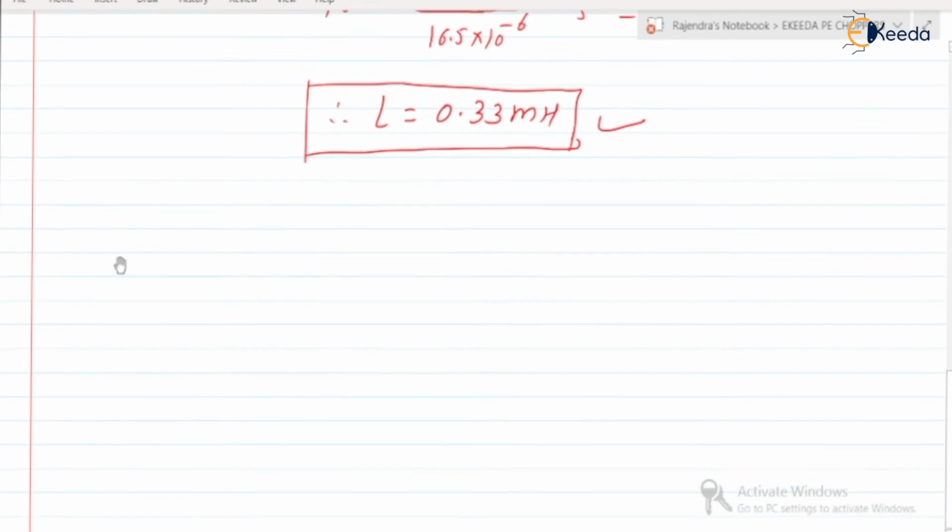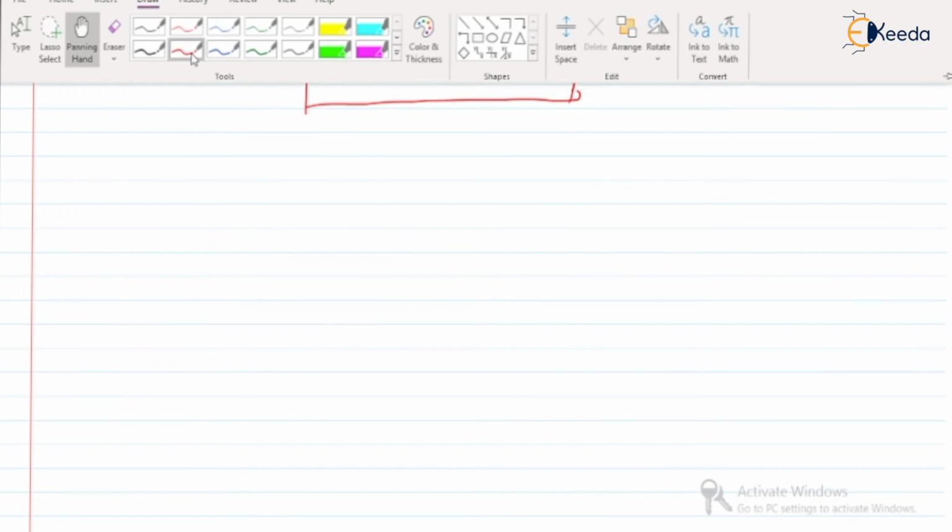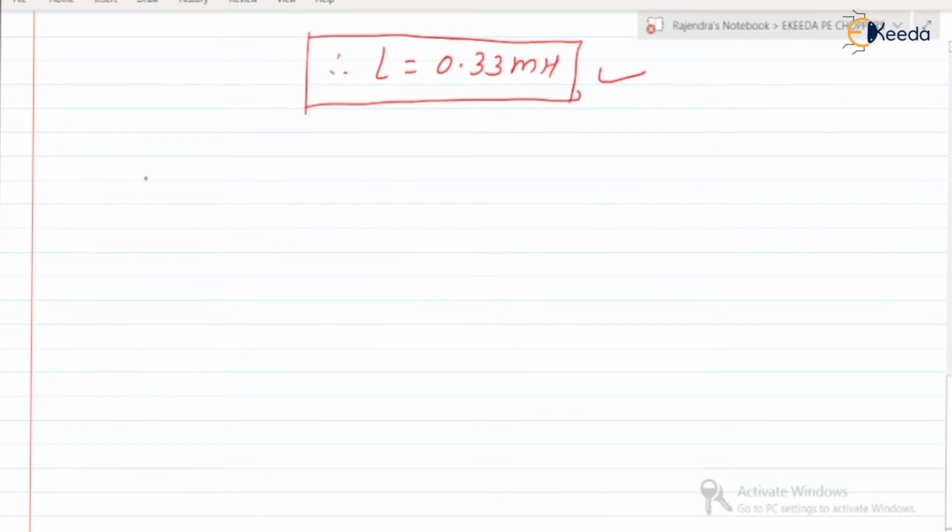So we know delta Vc is equal to, I am writing it for the third bit, delta Vc is equal to what? Vs into 1 minus D into T square divided by 8LC.